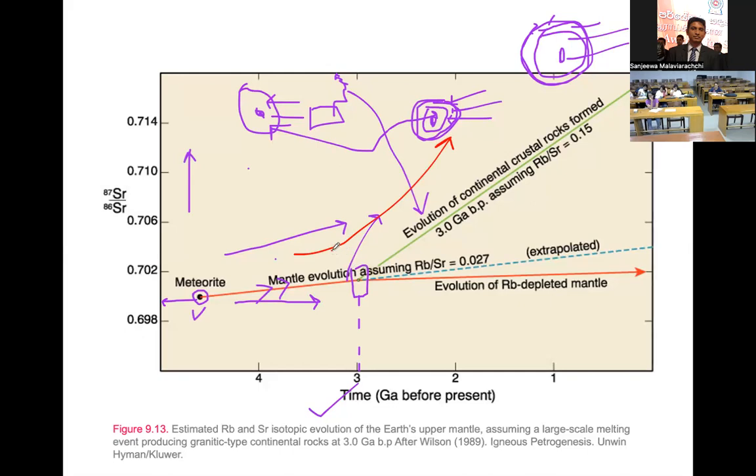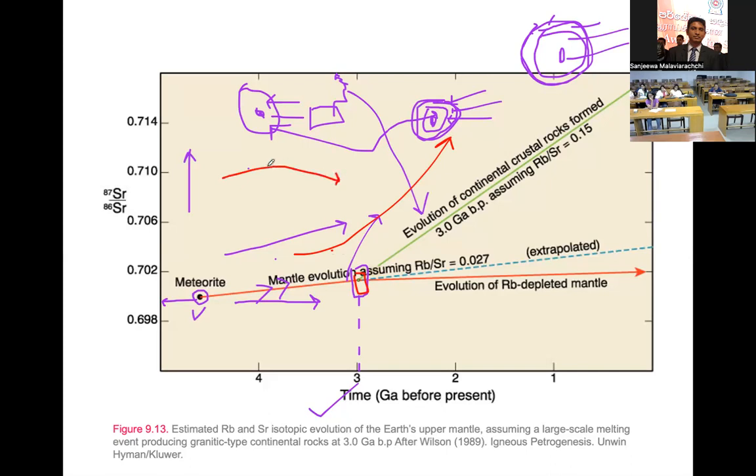But because of this continental crustal production, what happened to this original mantle here? The rubidium and strontium composition decreased because some of them contributed into the continental crust. So therefore, our mantle line should deplete a little bit downward, right?